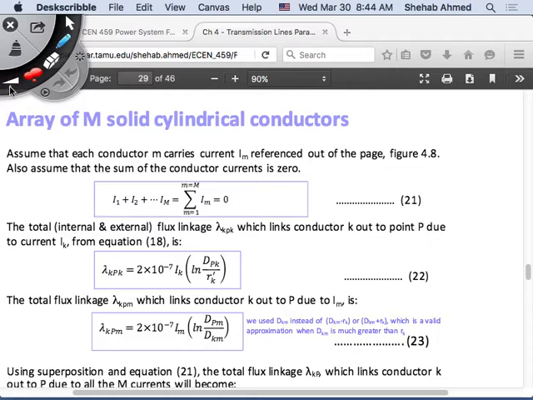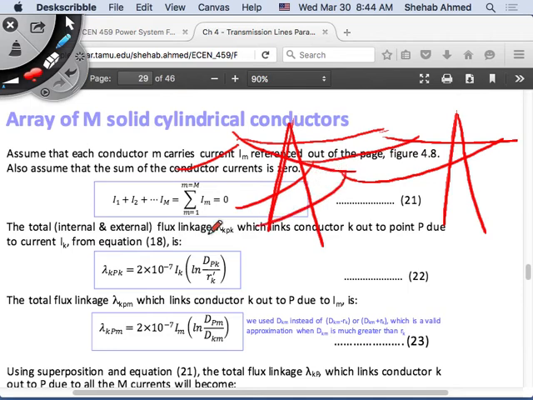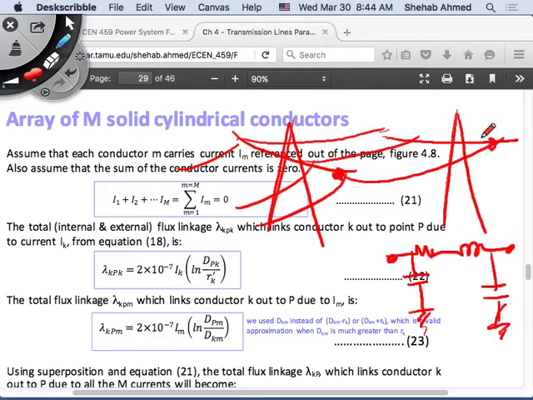At the end of the day, our objective is to take a tower, with another tower next to it, carrying my three-phase lines, and calculate the parameters of my equivalent circuit between this tower and the next, or between a couple of towers. So I need to consider the conductors in the same vicinity: phase A, phase B, and phase C.